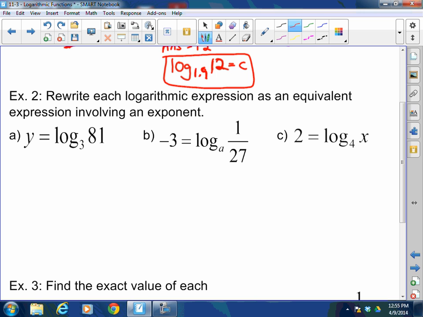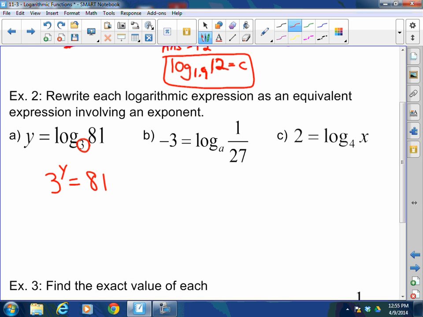Okay, now, don't stress. Rewrite this logarithmic expression as an equivalent expression involving exponents. So remember, this is the base, right? Base to the y power equals the answer of 81.